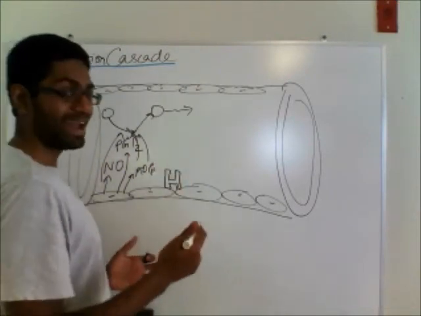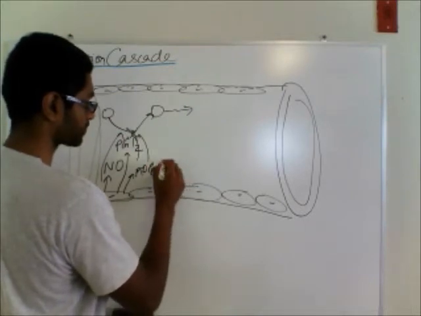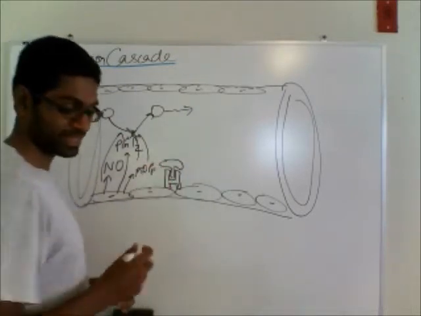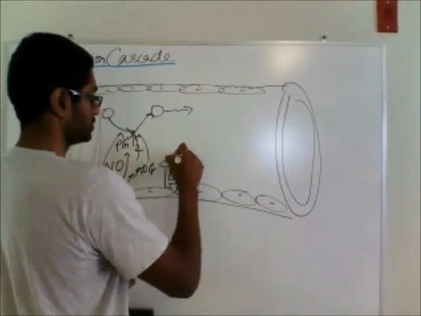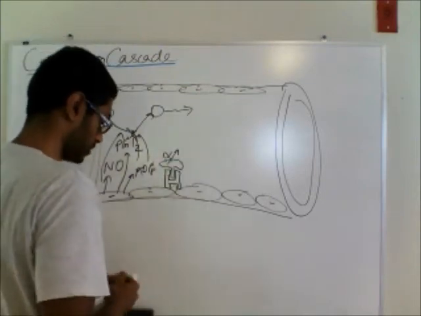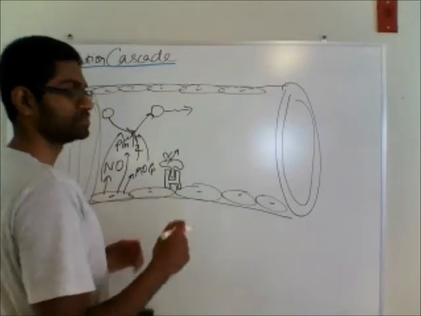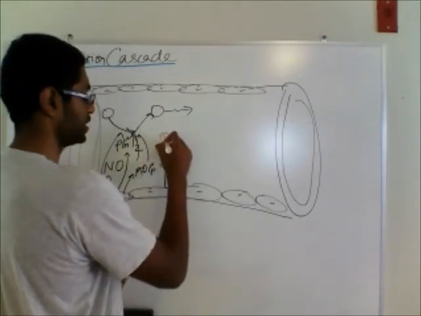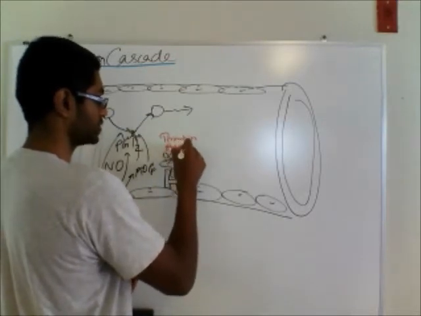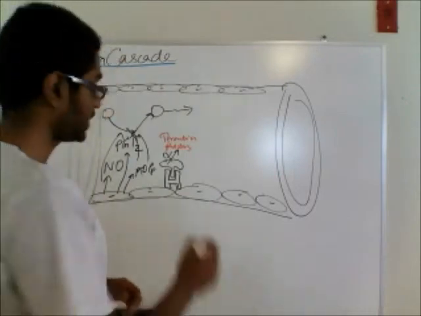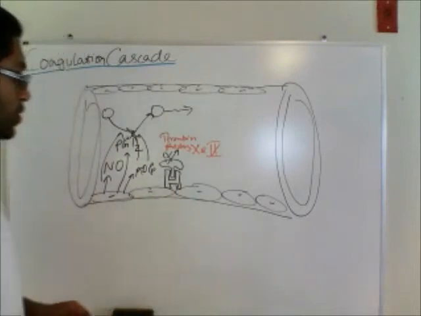This heparin acts as a docking station for antithrombin, and basically all antithrombin does is chop up thrombin and factors 10 and 9.